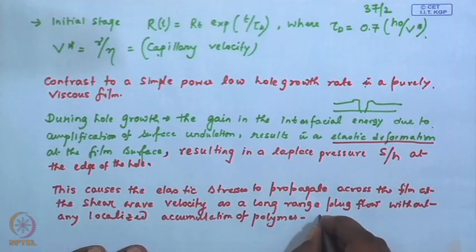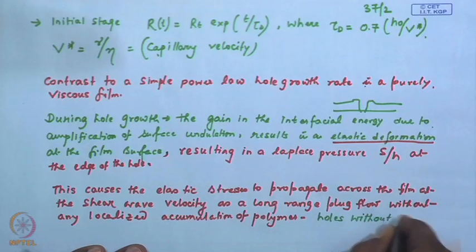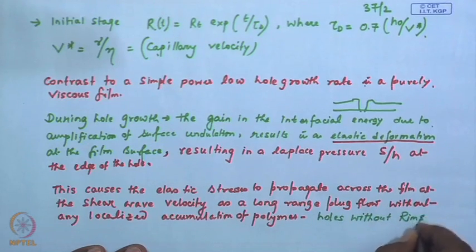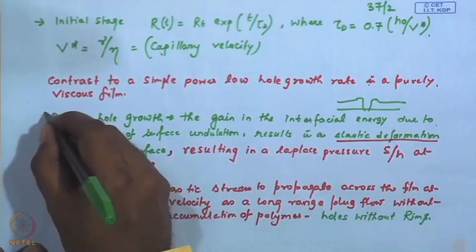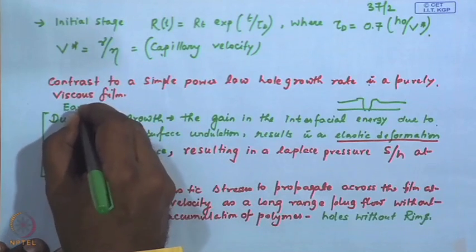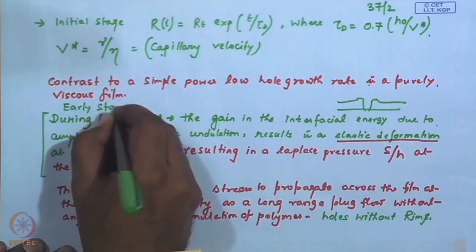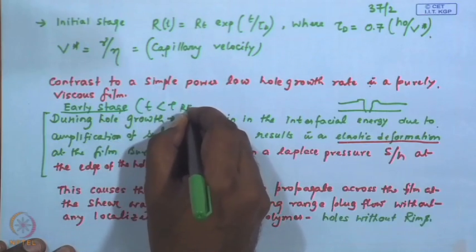Which results in holes without rims. Okay. So, this is important. In the early stage, t is less than tau rep.